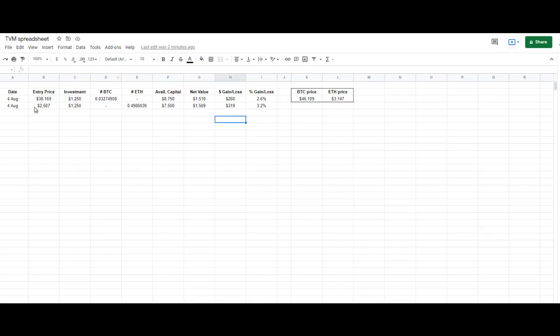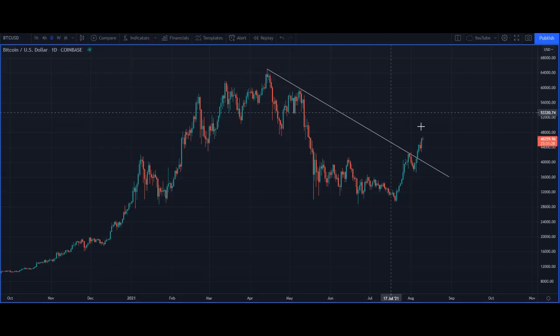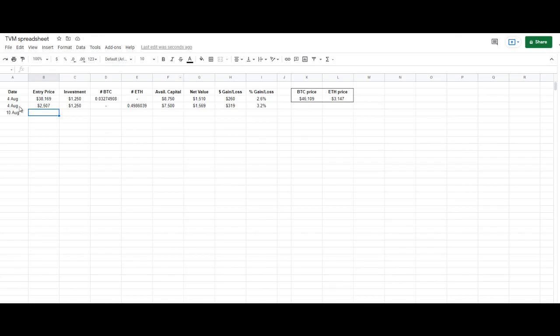All right, so let me update the spreadsheet with the current price, and let's say I enter right now, the current price 46,265. Okay, and again, my second batch, $1,250 for Bitcoin.